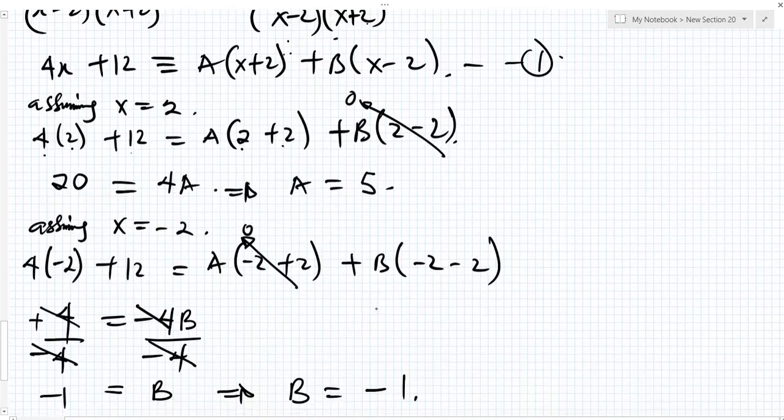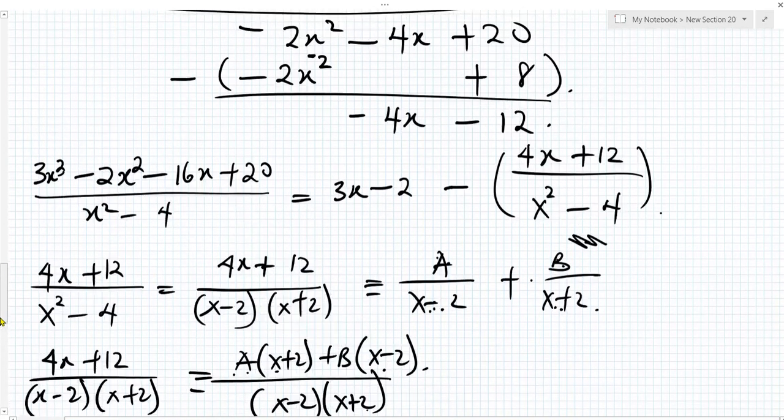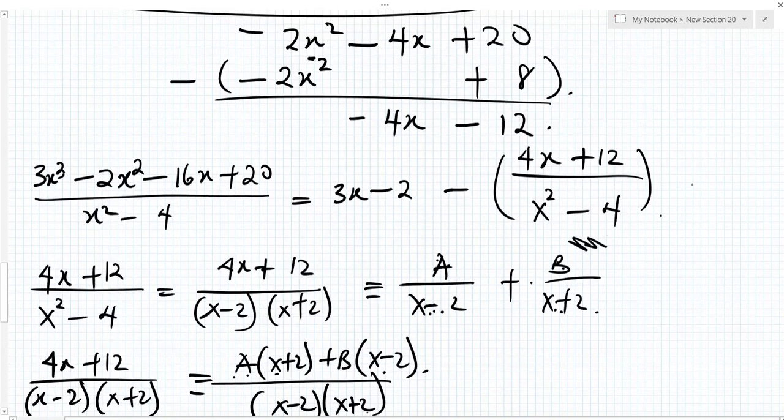Now substitute this into this expression.